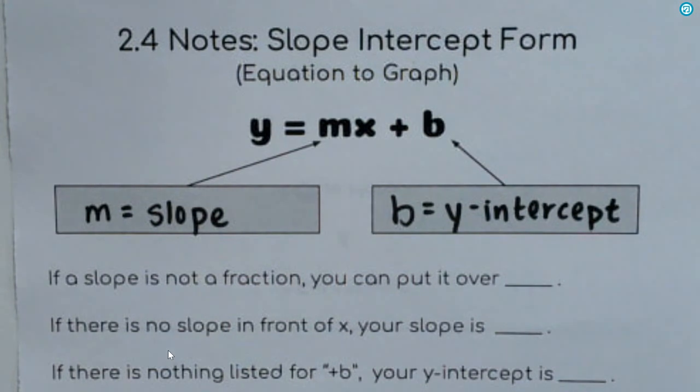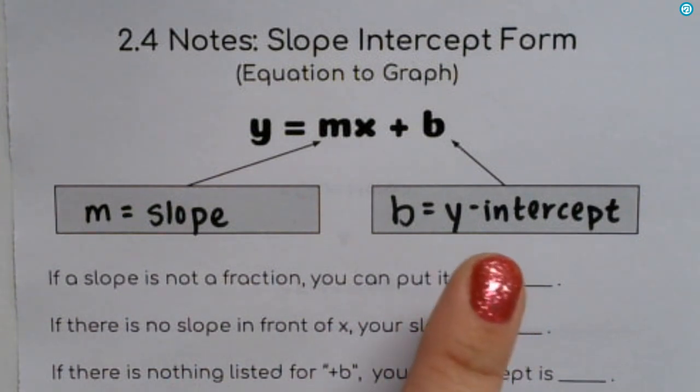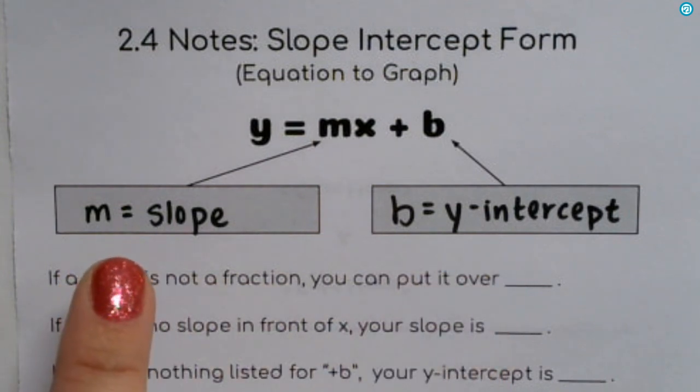So in the formula, y equals mx plus b, m is your slope, b is your y-intercept. You are always going to want to start at your y-intercept and then graph your slope from there. So this is our starting point, and then we graph our slope from there.